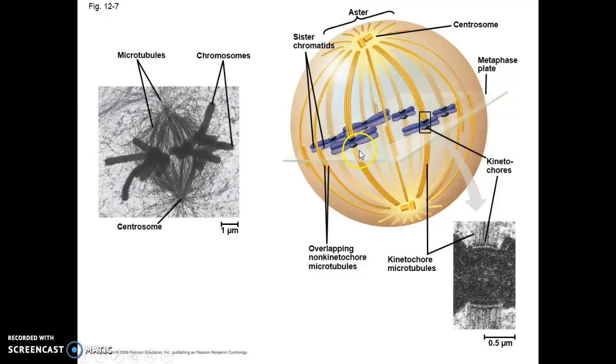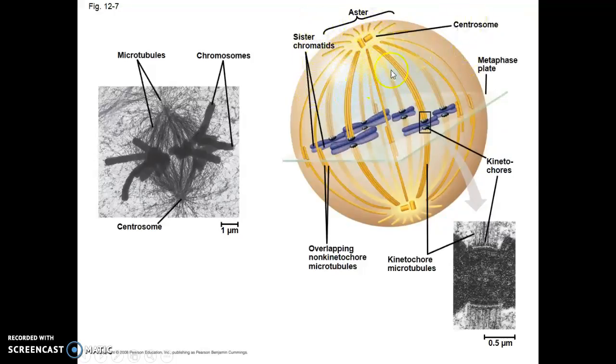They are attached to kinetochore microtubules radiating from the centrosomes at the poles of the cell.